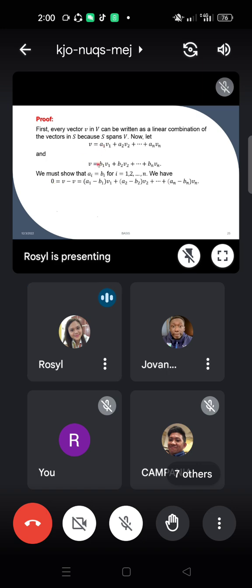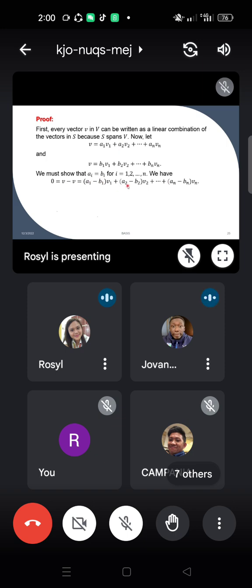A sub 1 times B1 minus B1 times B1. So we can factor out this one into A sub 1 minus B sub 1 times B1. This is factoring out.